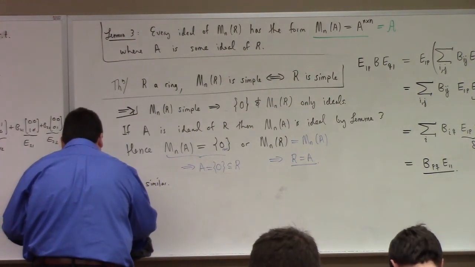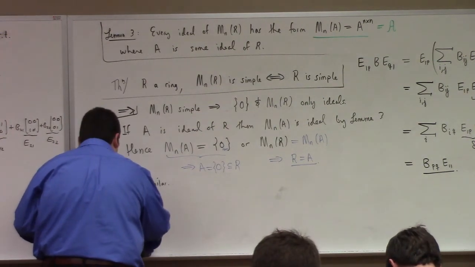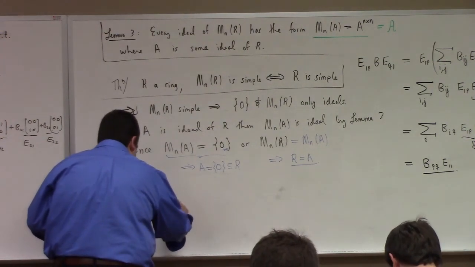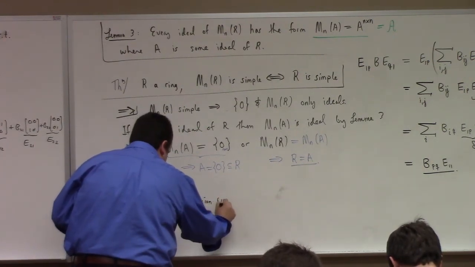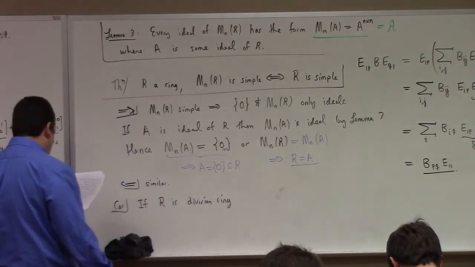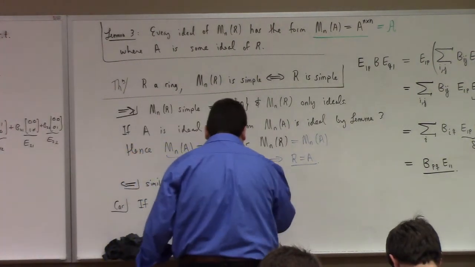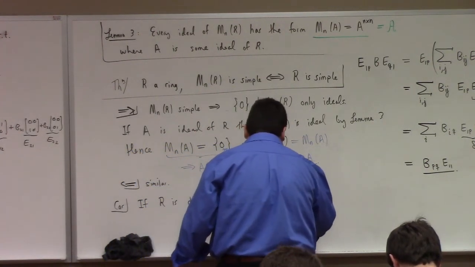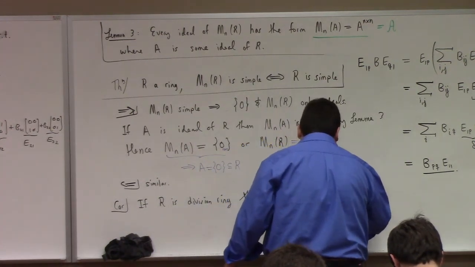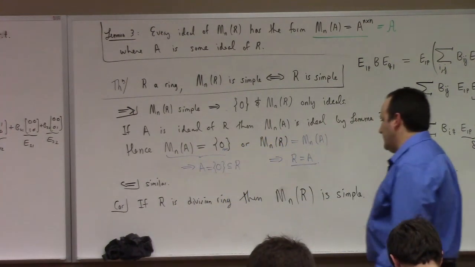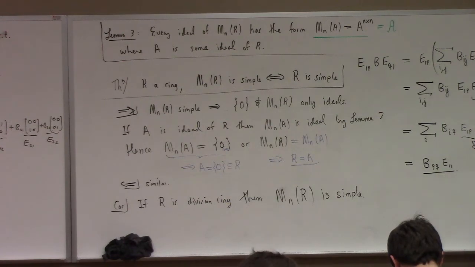Corollary to this is that if R is a division ring, then M_n(R) is simple. Remember, what do we have about division rings? They're simple, right?